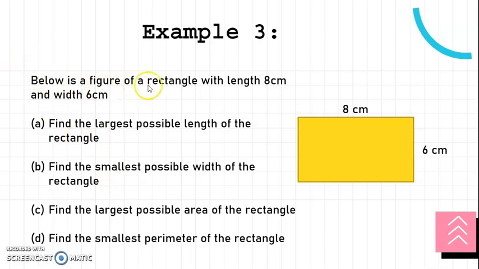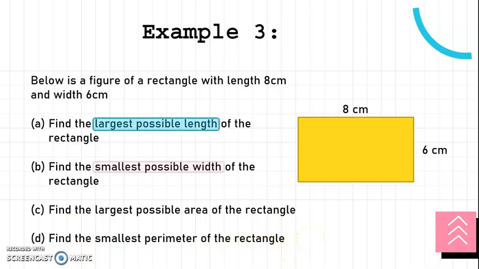Below is a figure of a rectangle with length 8 cm and width of 6 cm. The first question, find the largest possible length of the rectangle. The second, find the smallest possible width of the rectangle. The third question, find the largest possible area of the rectangle, and then find the smallest perimeter of the rectangle.